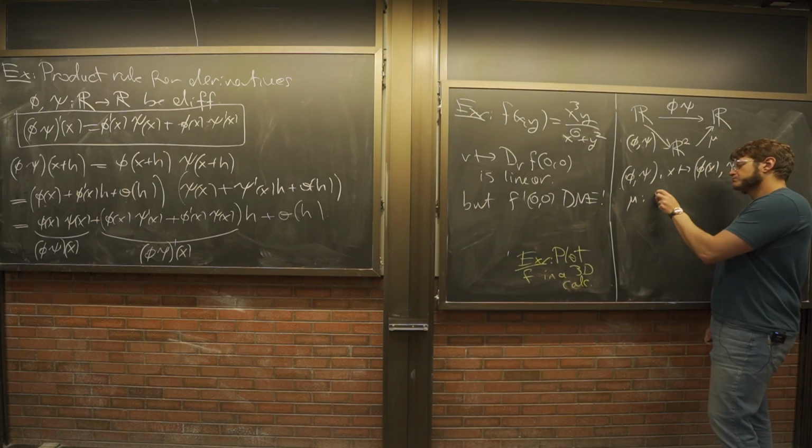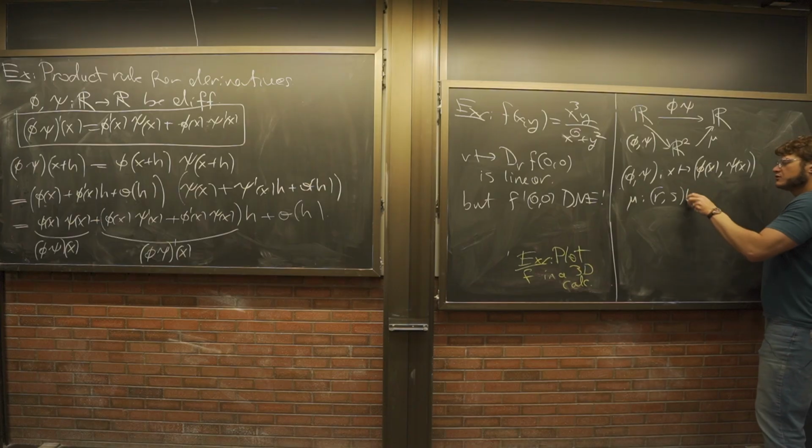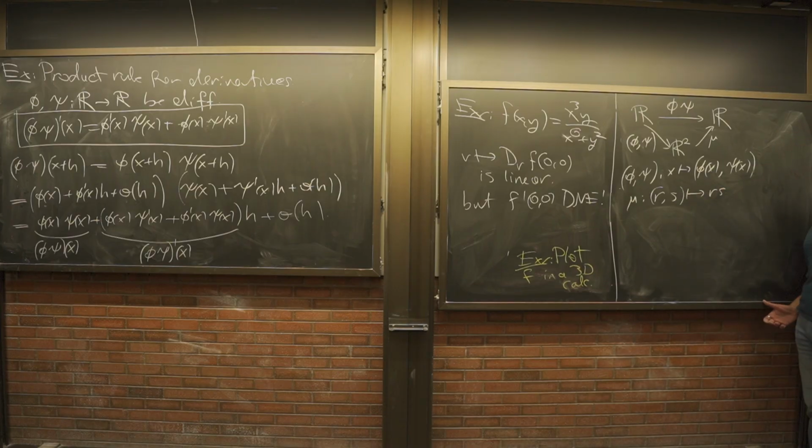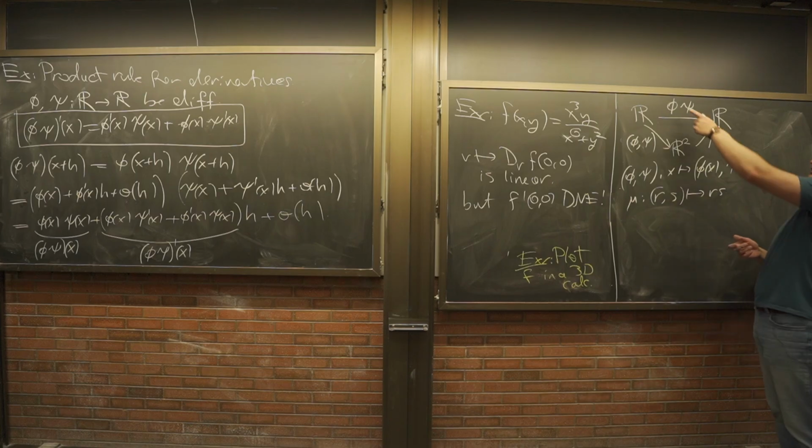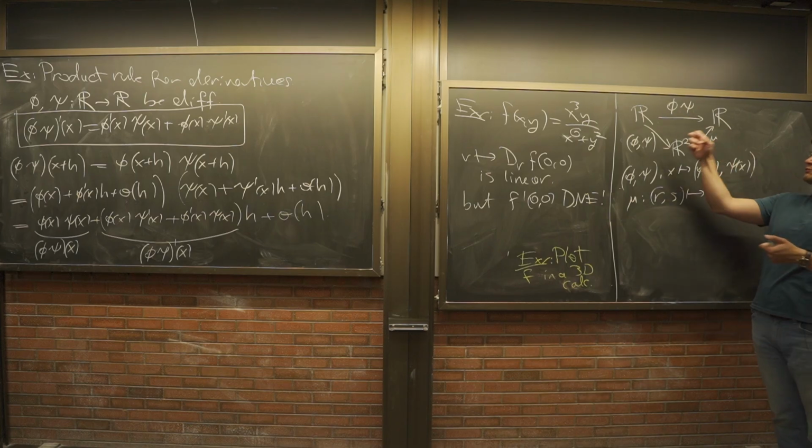Let's say r comma s goes to rs. And so phi times psi is nothing but this composed with this.